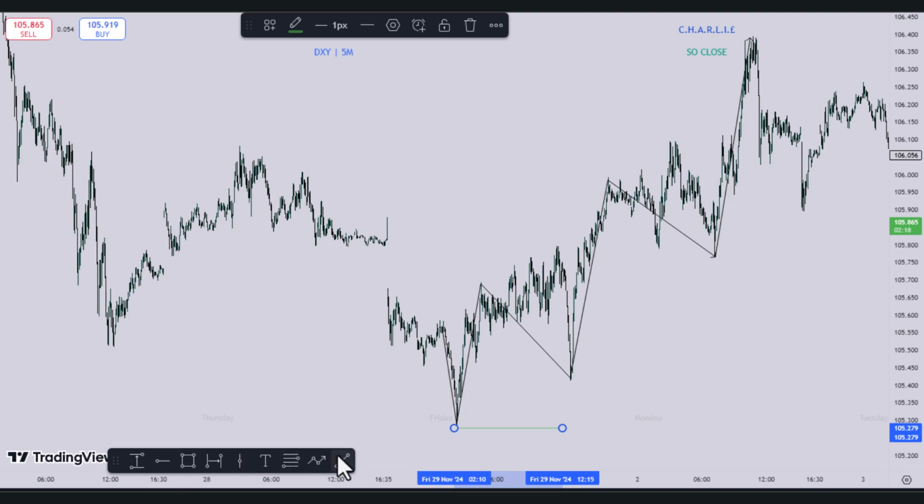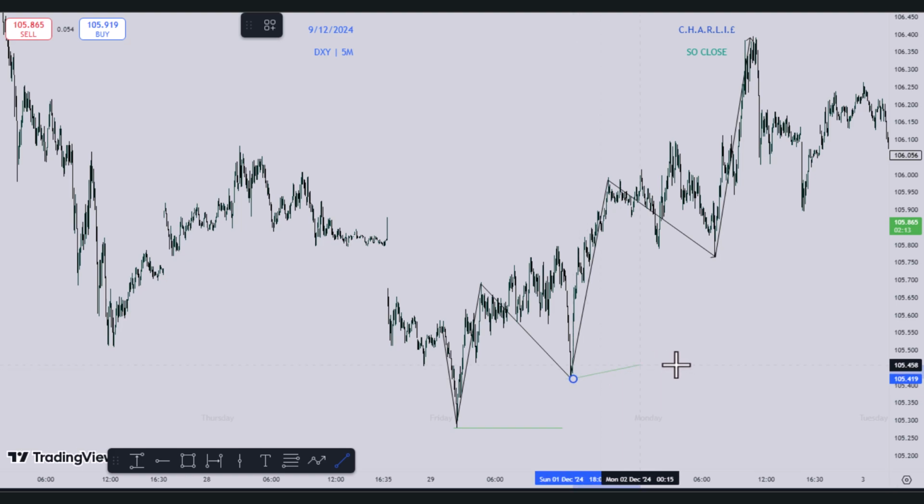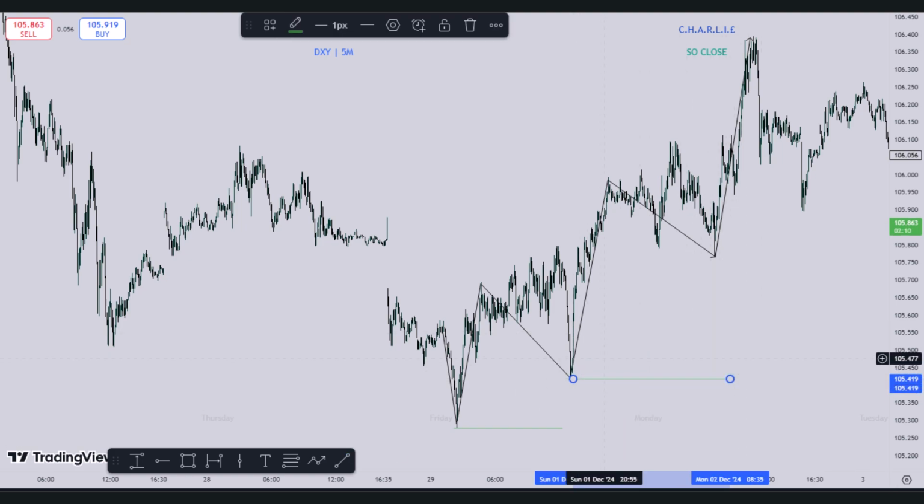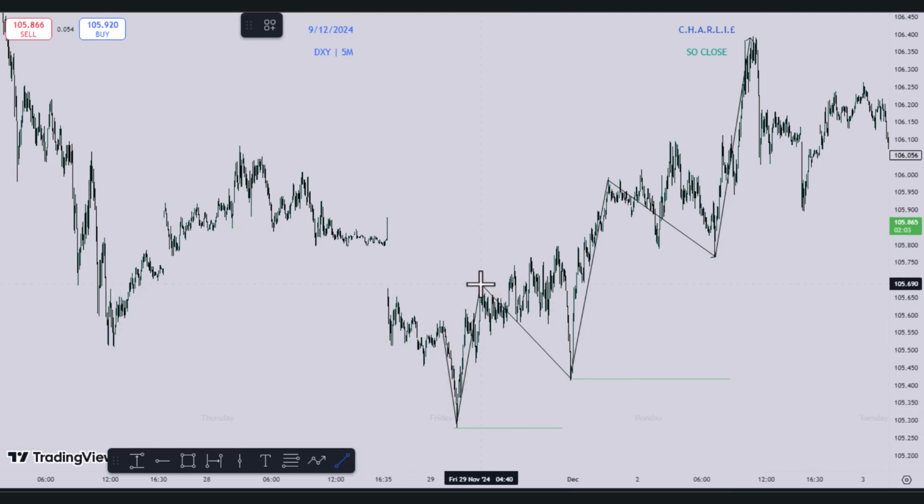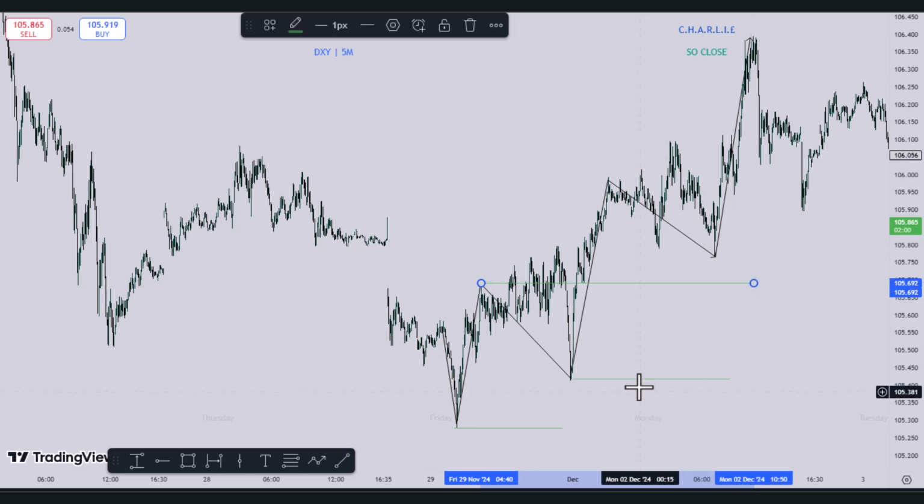and then we have a higher low, this is a higher high compared to this. See that?